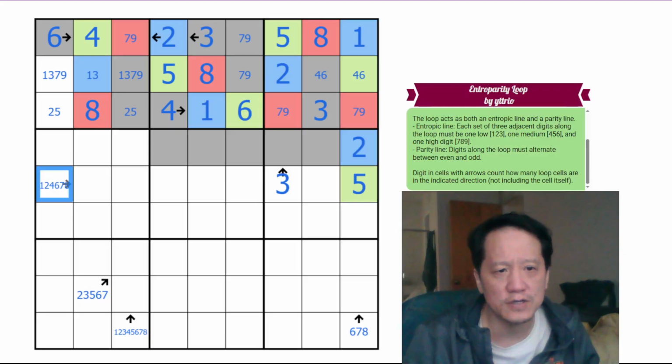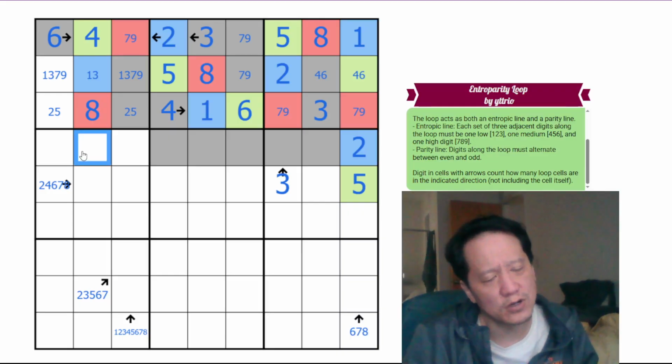This cannot be 1 cell because again, it would have to go something like that. And then this would be a low odd digit when this is, oh wait, that could work. That could work.